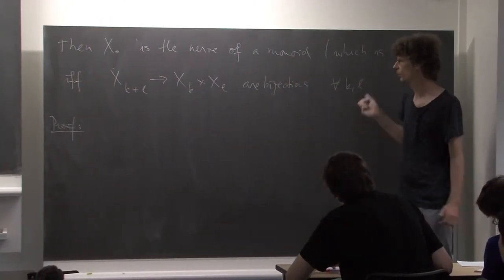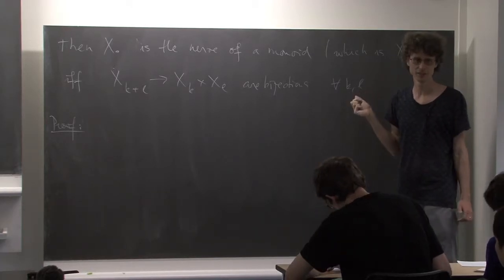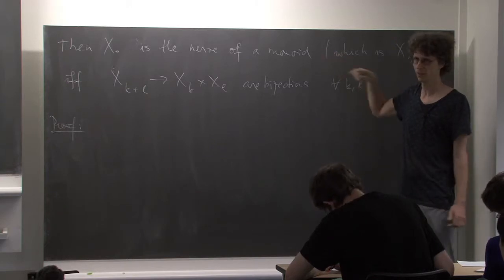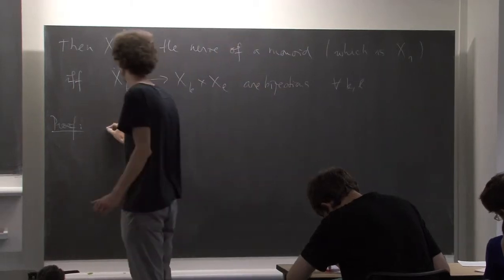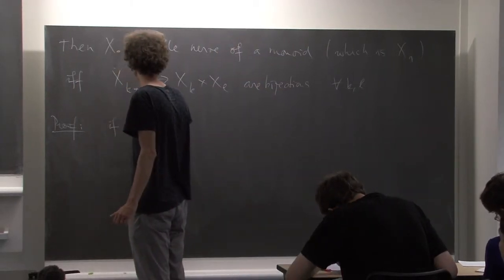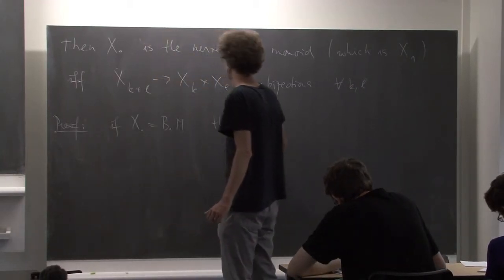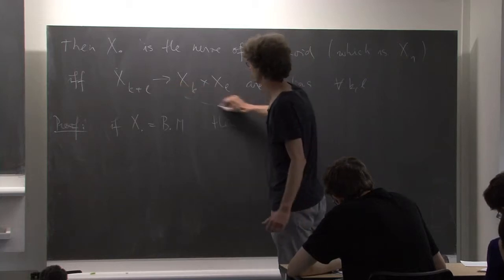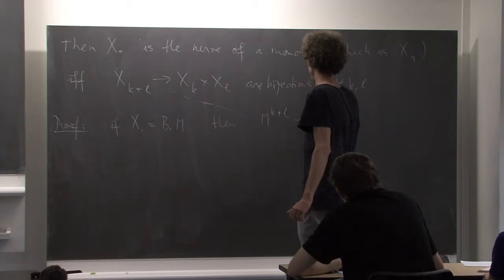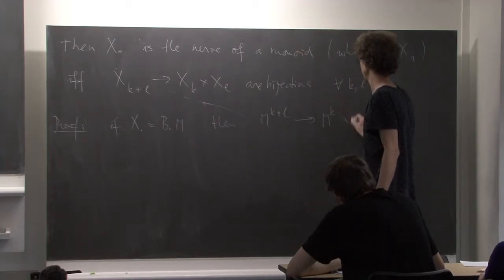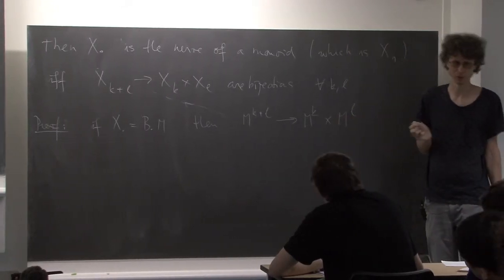So let's start to prove it. One direction should be very easy: the statement that if X is the nerve of something, then this is true. If X is BM, then this map is simply M^l going to M^k times M^l, which happens to be a bijection, right?